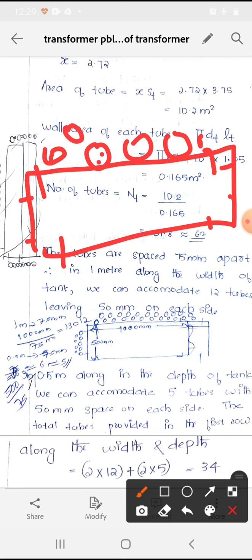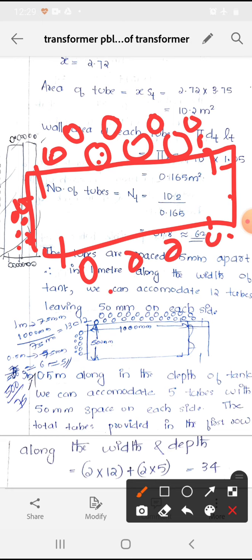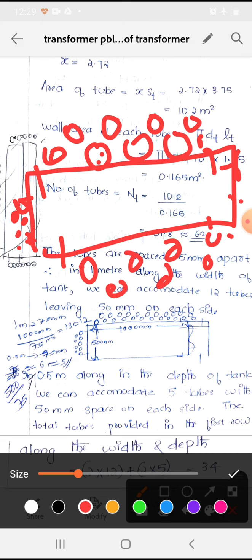Between these two we will place another one in between. Like that we will be placing, and also here we will be placing 5 tubes, with another tube in between. Like that we will be placing 12 tubes here, and in between we will place tubes like that. It goes like that.